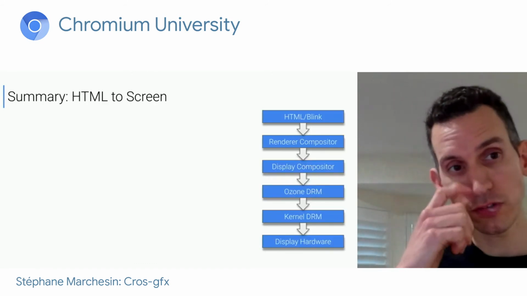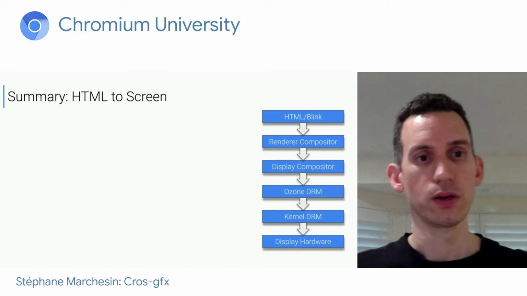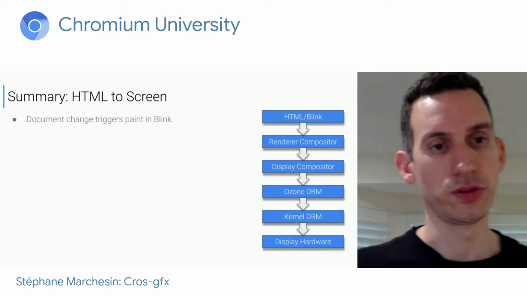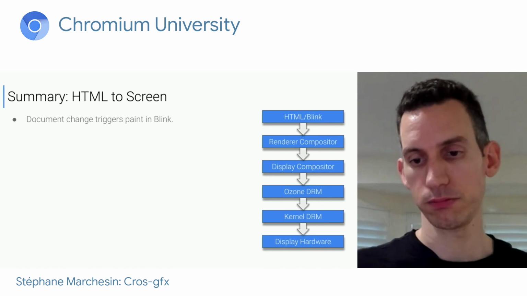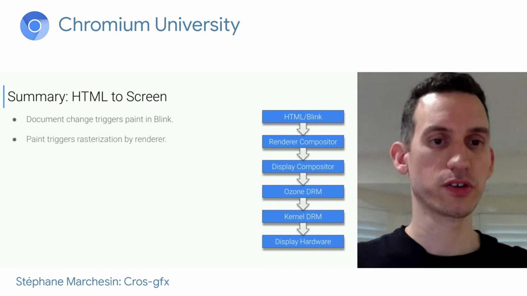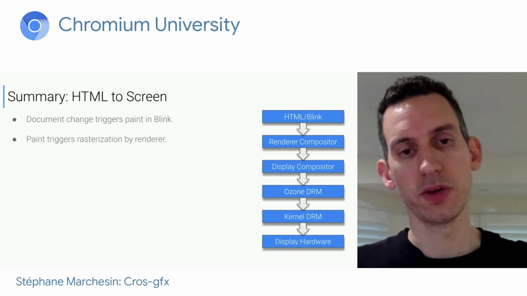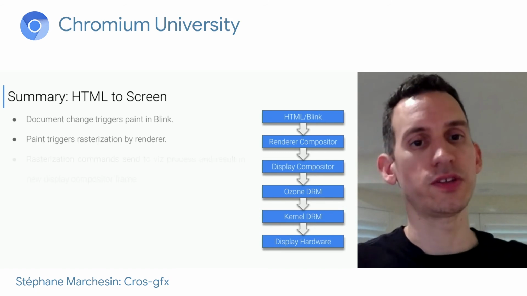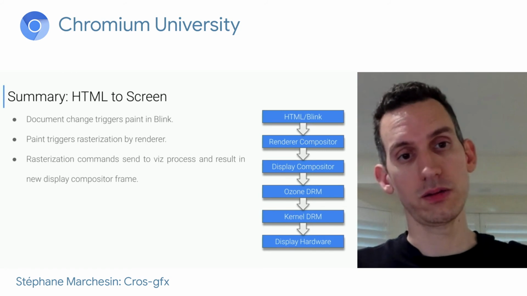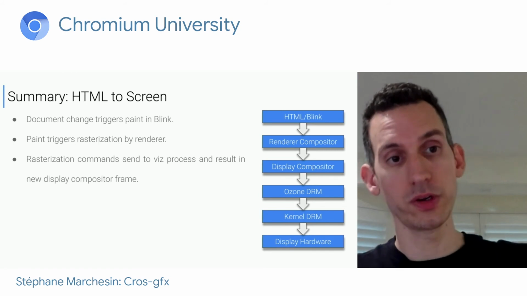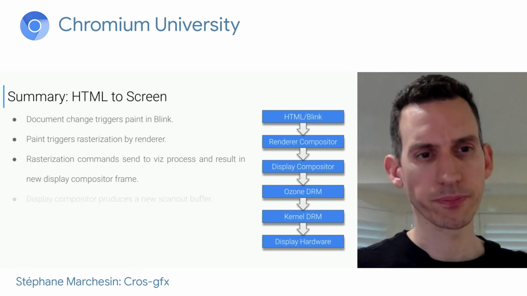So in terms of a step-by-step, what does this look like? Well, the document change triggers a paint, right? We call it a paint on the Blink side. The paint triggers the rasterization by the renderer, so the renderer prepares those Skia lists and sends them to Viz. The rasterization commands are sent to Viz and, after they are rendered, generate a new display compositor frame.